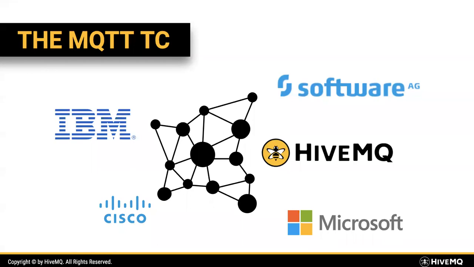But we at HiveMQ are also one of the smaller companies standardizing on MQTT, which allows us to build implementations for new versions pretty fast, because one of the things we strive for is, as soon as there are developments in the TC, to have software which is production ready as soon as possible.